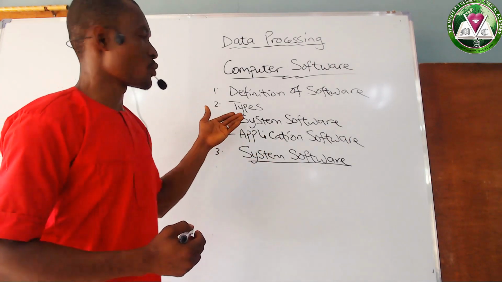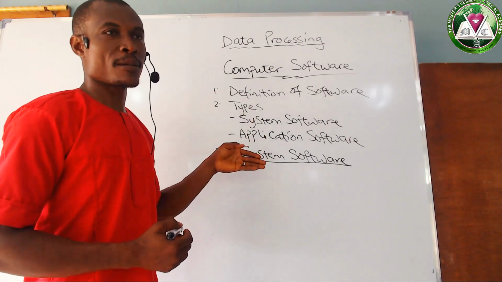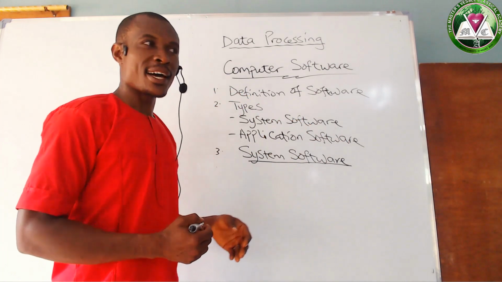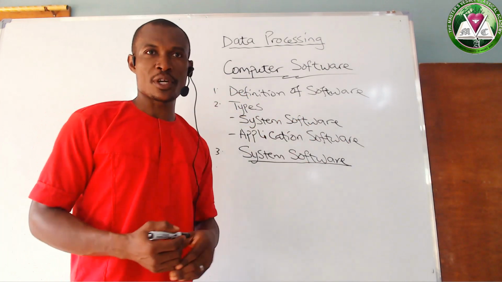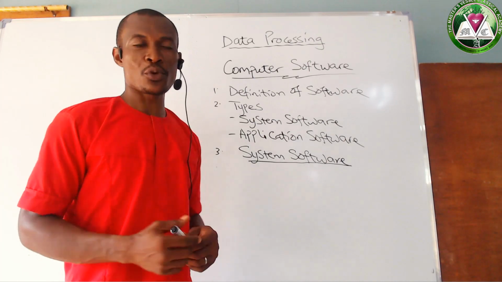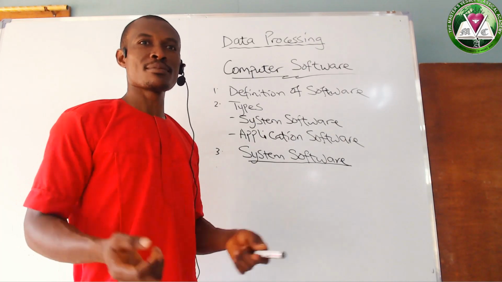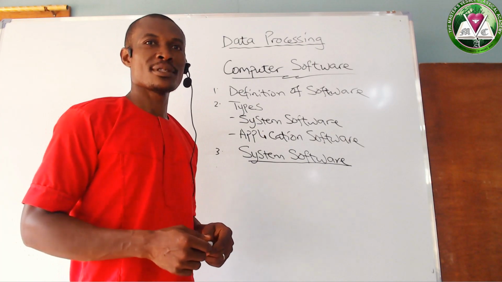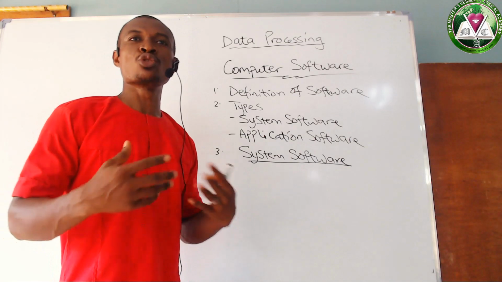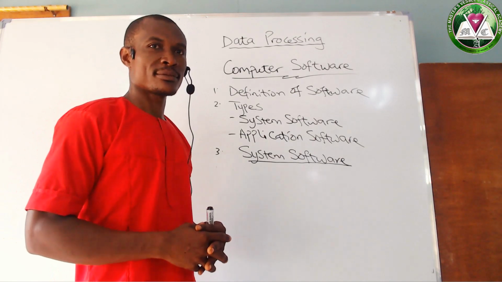Now, types of software. We have two major types of software: system software and application software. What is system software? System software is a set of programs or instructions that controls the hardware.